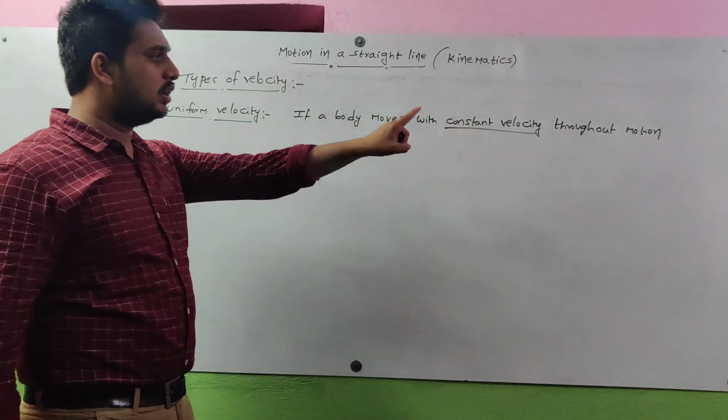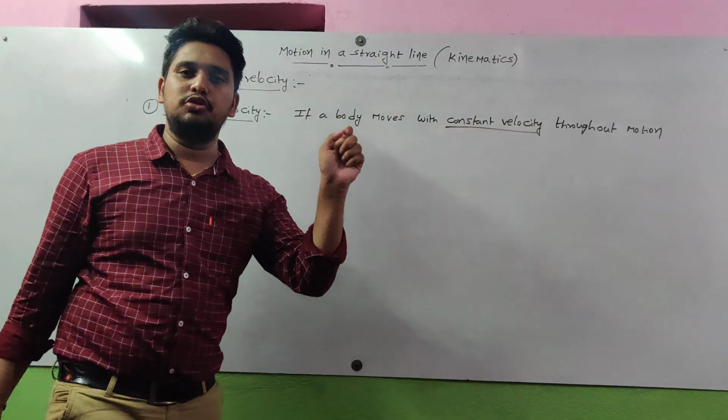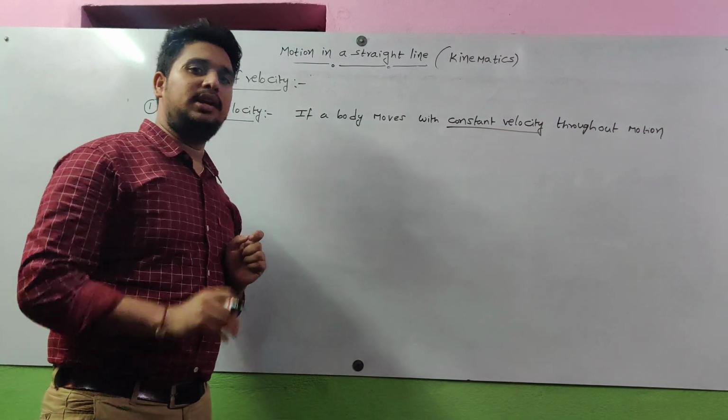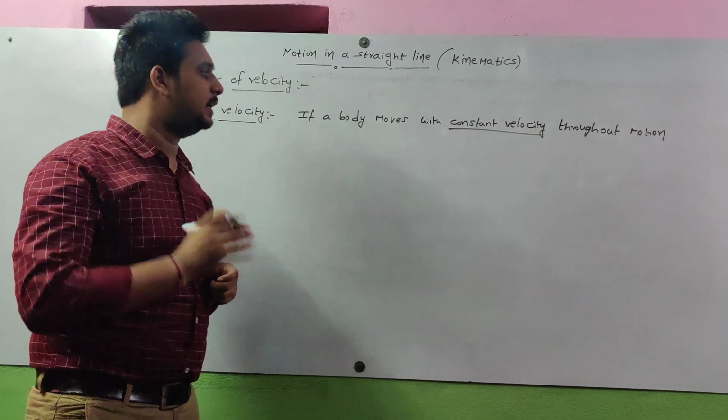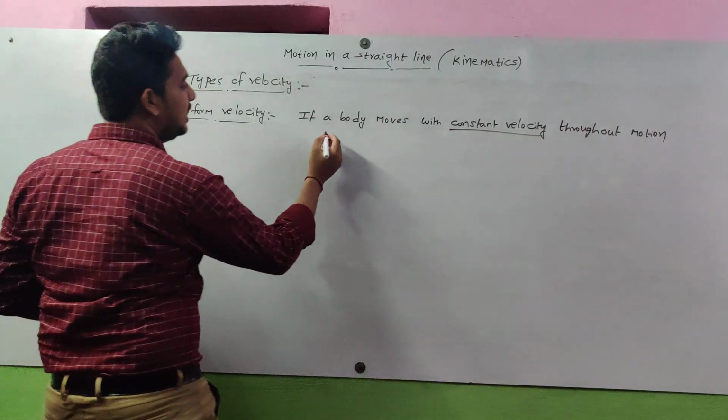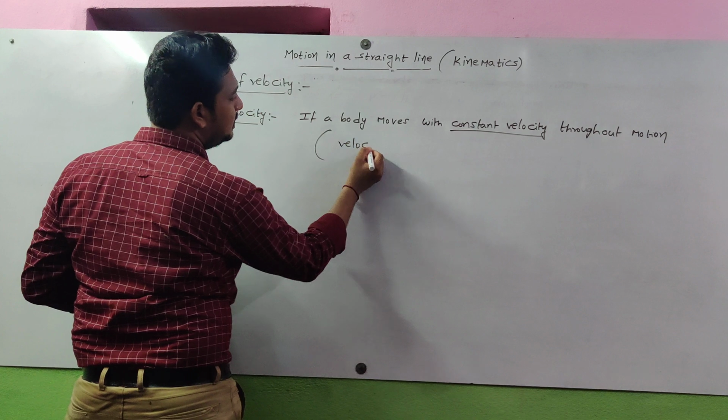Constant velocity throughout its motion, then the body is said to move with a uniform velocity.